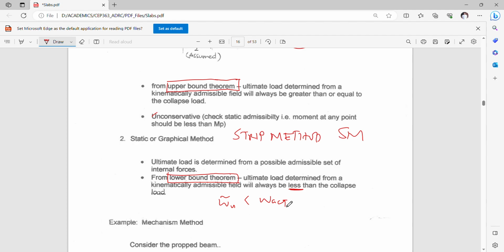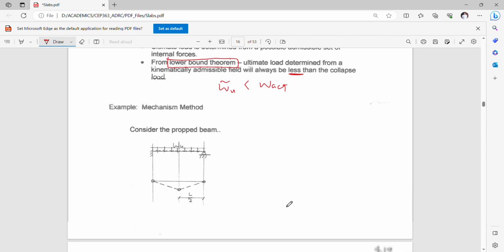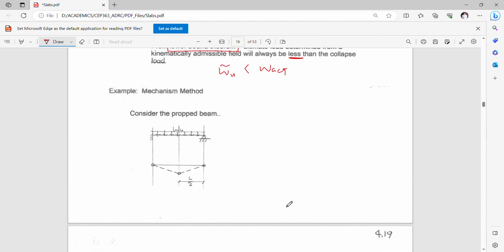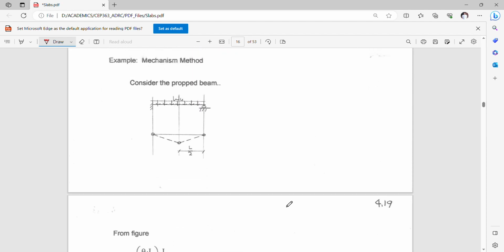So an example of a mechanism method in beams is simply done basically using many methods, but I would like to present to you the mechanism method in terms of the virtual, what we call energy method.